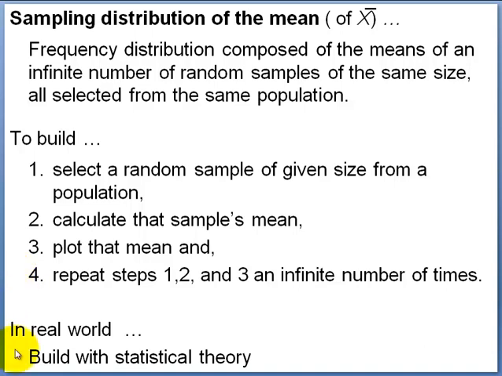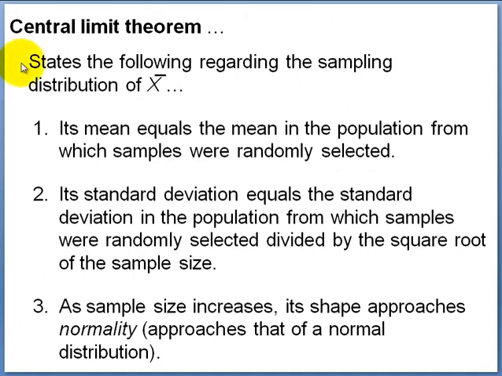In real-world research, these steps are not repeated infinitely, but rather statistical theory is used to build the sampling distribution of the mean. The key theory that underlies the sampling distribution of the mean, in other words, that determines its characteristics and shape and so on, is found in the central limit theorem.